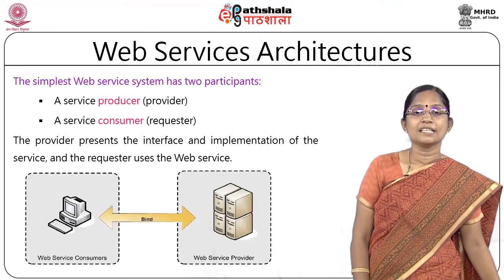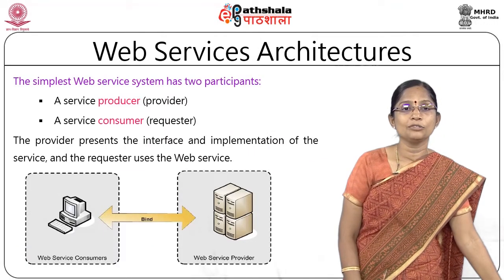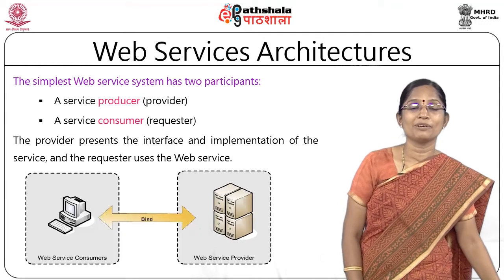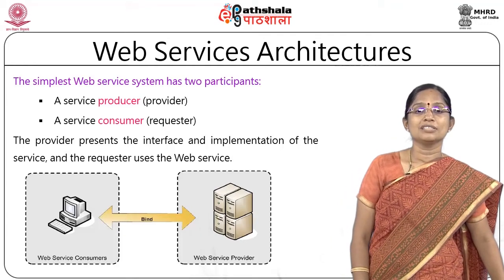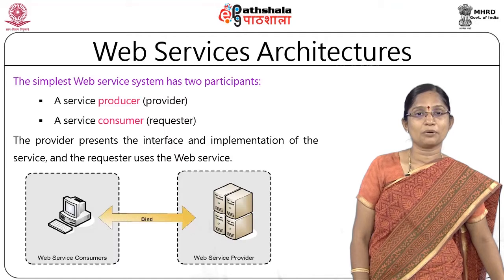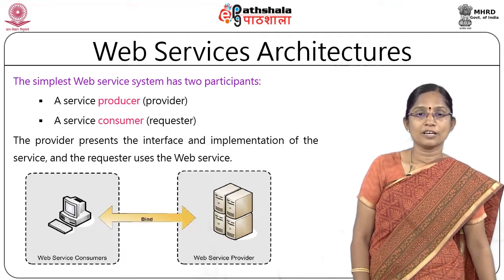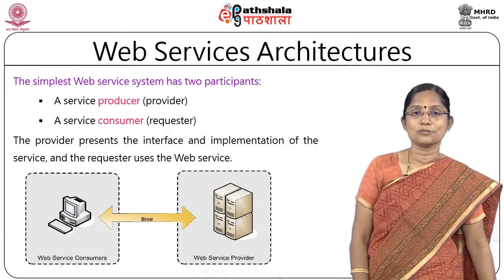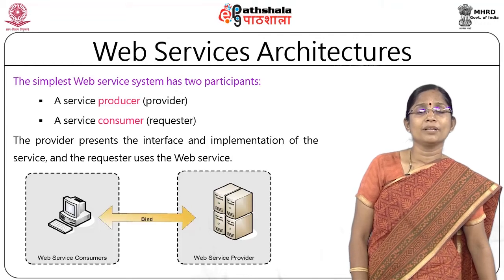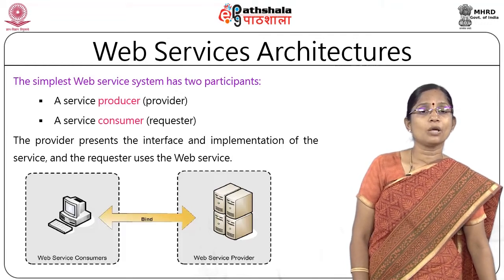Okay. So this makes you clearly understand what we mean by web service architecture. This is of course a very simple web service system which has 2 participants. One participant is called the producer, the other one is called the consumer. The producer can also be called the provider, whereas the consumer can also be called the requester.